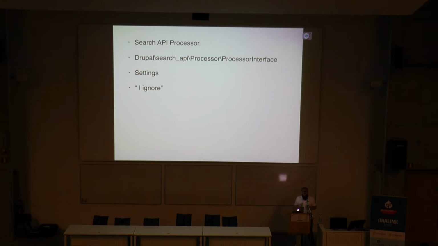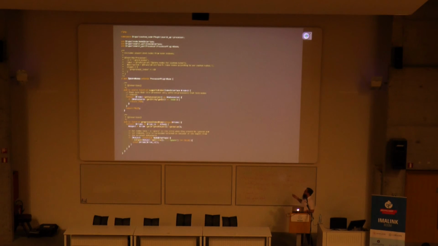No one of you will ever have to just copy this one and have your client's needs figured out, because this is a really small and easy example of just ignoring every single node or entity that's being processed that has pipe ignore in the title. Just don't index that. None of you will ever have that use case, but it's very, very easy to explain how this works.